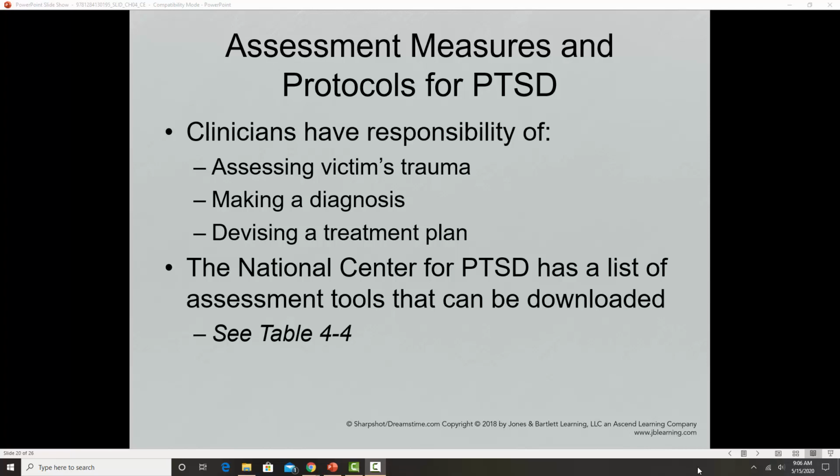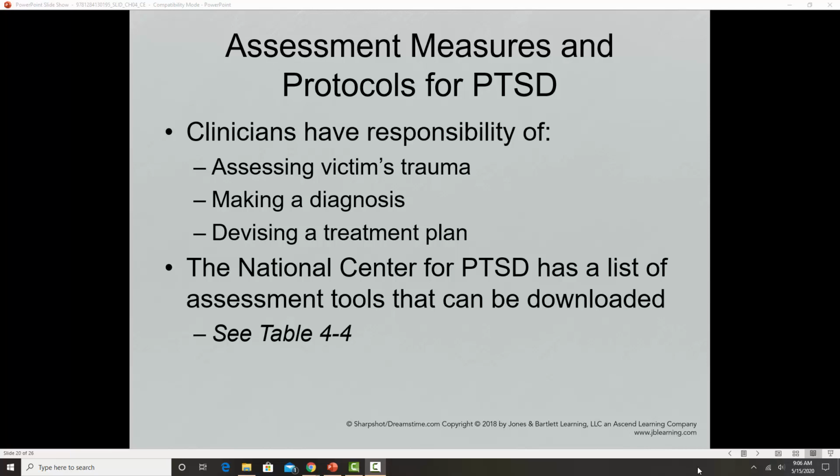Protocols for PTSD, and this would be psychologists or psychiatrists dealing with somebody that has post-traumatic stress disorder, somebody in a clinical setting. They need to assess the victim's trauma, make the diagnosis, and then, of course, devise a treatment plan. The National Center for PTSD has a list of assessment tools that can be downloaded. Table 4.4 has a list of some of these different tools that can be used by clinicians.